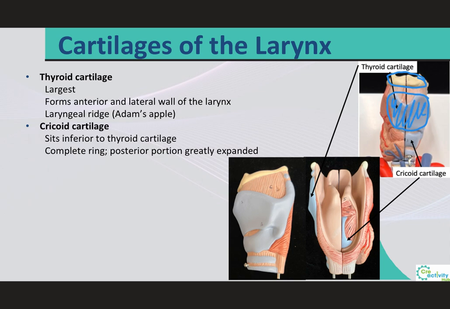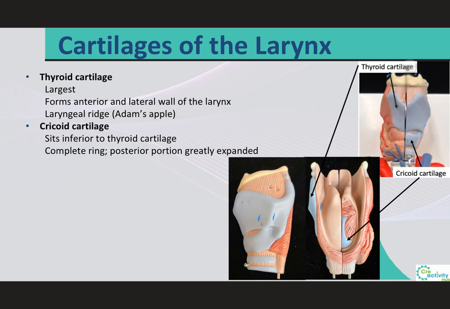And when we look at a lateral view, it also forms part of the lateral wall. But on a posterior view, it disappears because it does not go all the way around. So the thyroid cartilage is only located on the anterior and the lateral walls of the tract.